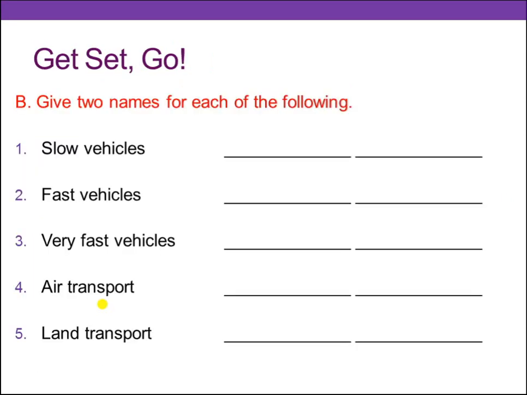Next, let's move on to the book back exercise. The first one, give two names for each of the following. So for the slow vehicle, you are going to write two examples. What are the slow vehicles we learnt? They are bullock cart and rickshaw. The second one, fast vehicles. They are truck and train.